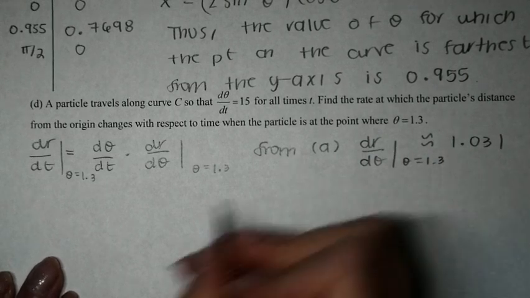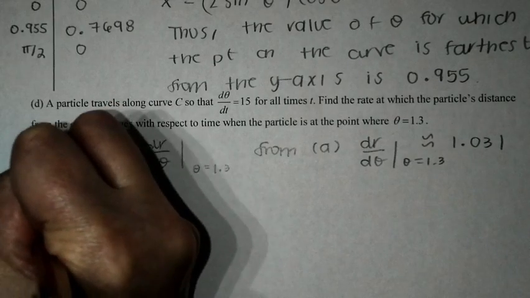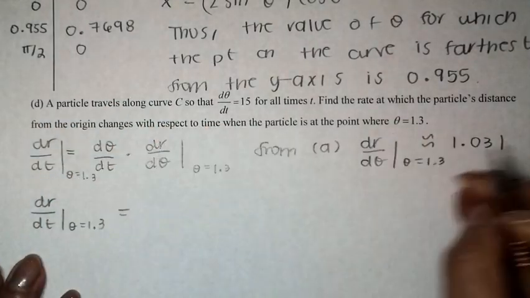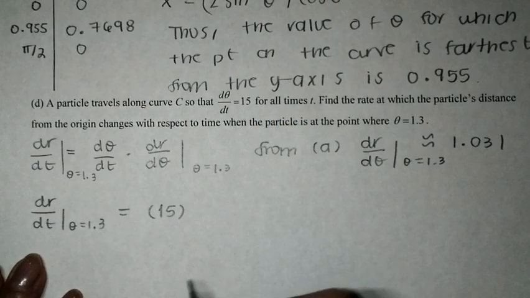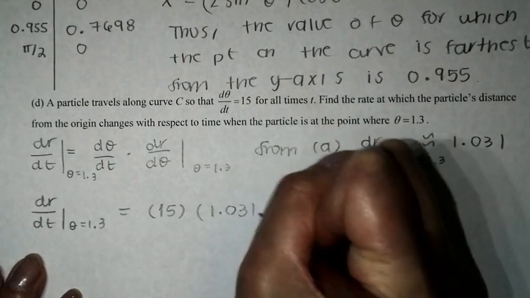So what are you going to do here? Well, not much, you're going to do a multiplication. This value, they told you from the hypothesis of the problem, was 15, and this one was 1.031 with more decimals.